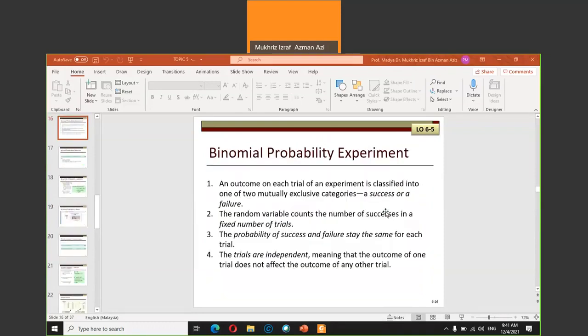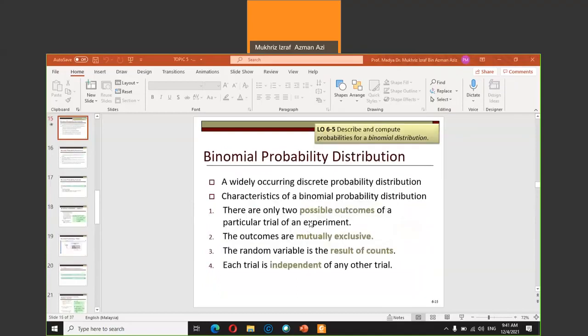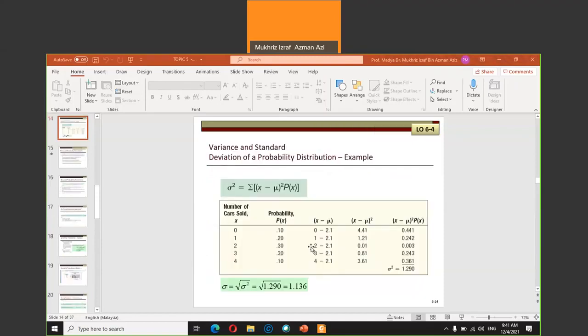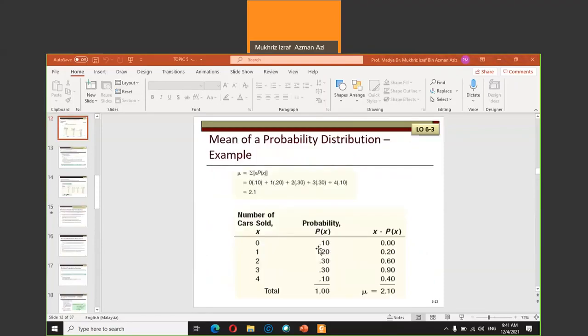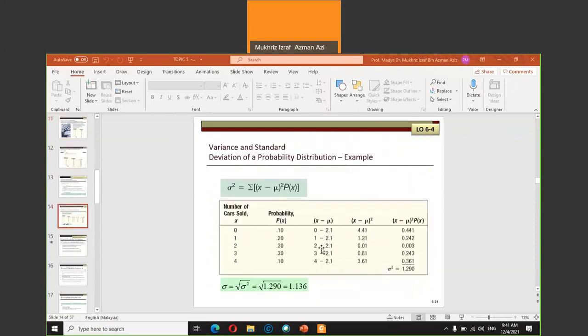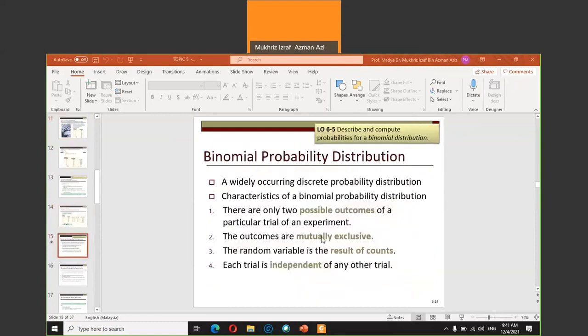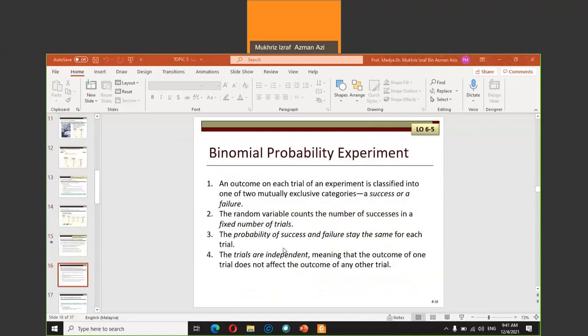So the main components in binomial are that you have two possible outcomes and a fixed number of trials, n. The number of trials is fixed, there are two possible outcomes, and the probability of success and failure stay the same.